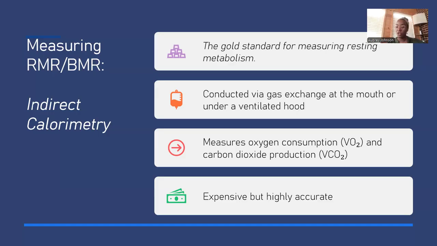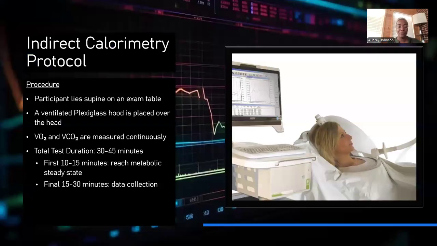A lot of times in research settings, we use a device called the ParvoMedics, and I'll explain a little more about that. For the protocol, as you can see in this picture, a participant lies supine on an exam table while a ventilated plexiglass hood is placed over their head.